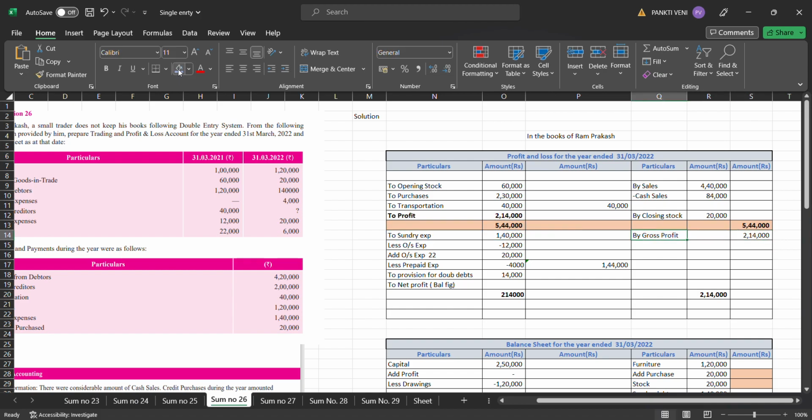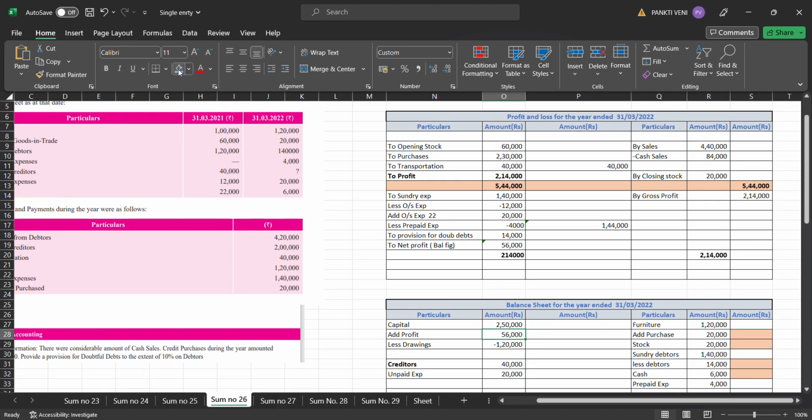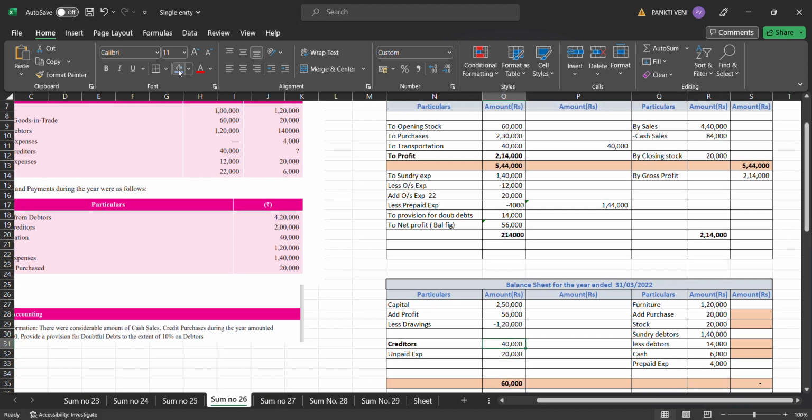This gross profit I'll take from here. Out of that gross profit I'll remove all my indirect expenses, and I will get my net profit. Getting my net profit as 56,000. This 56,000 I will take to my P&L.